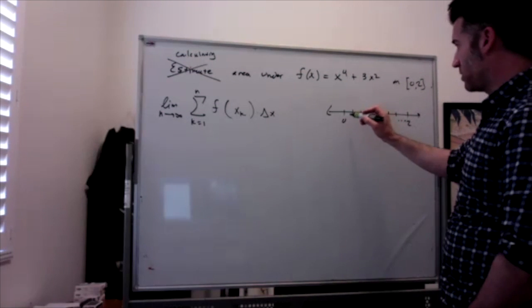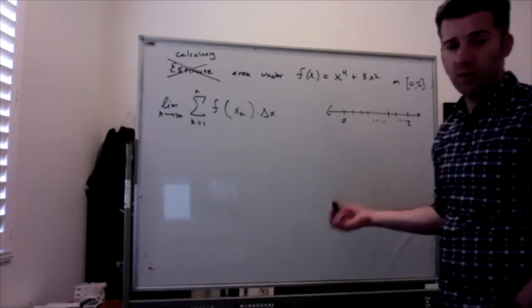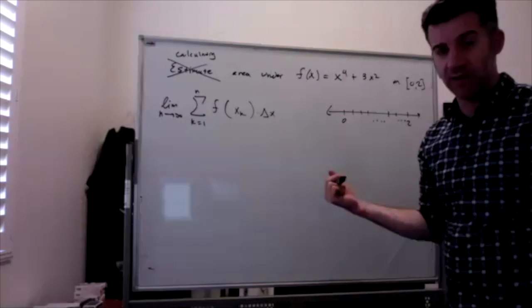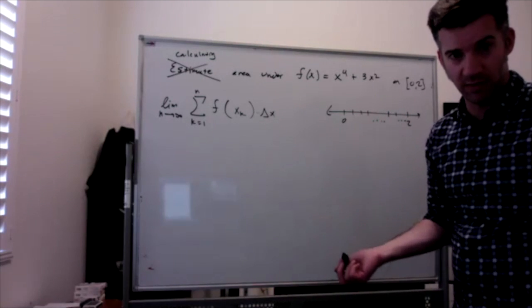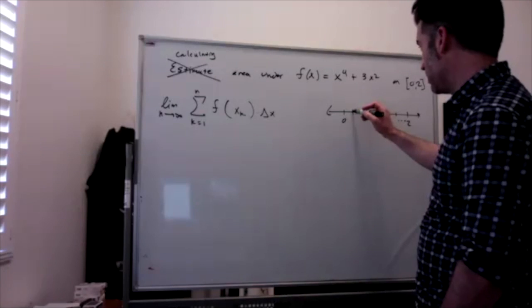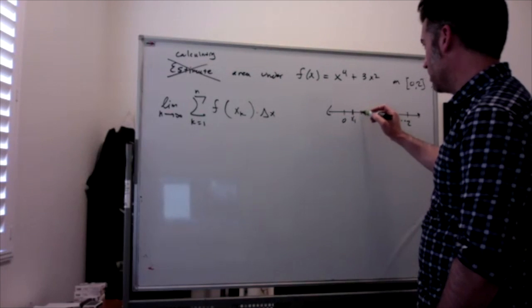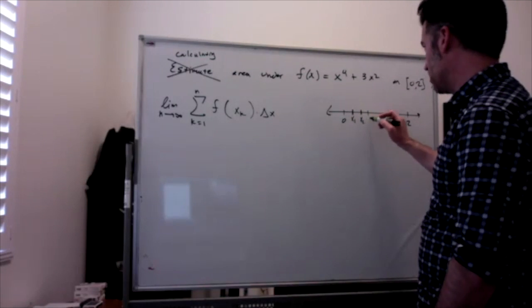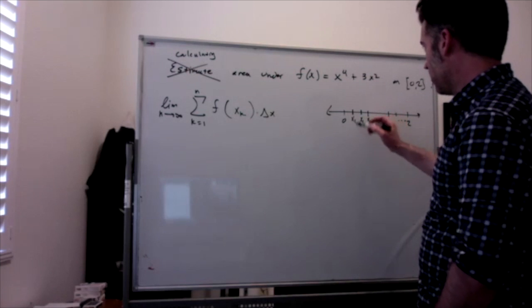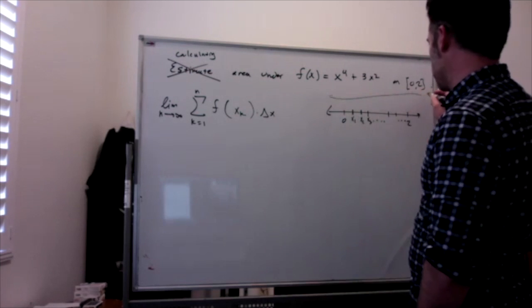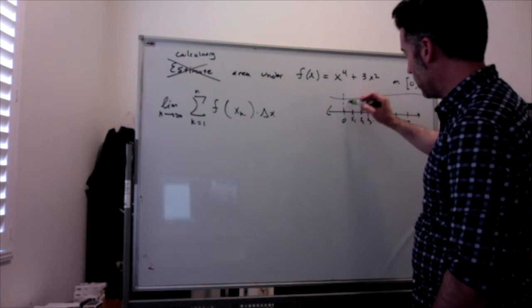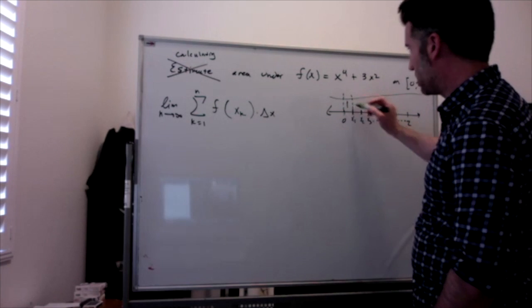So this is my first subinterval. Typically, we call the right endpoint of a subinterval x sub that subinterval. So like we would call this endpoint x sub 1, this endpoint x sub 2, this x sub 3, where this is like, let me draw my pretend picture here, right? Where this is my first subinterval.